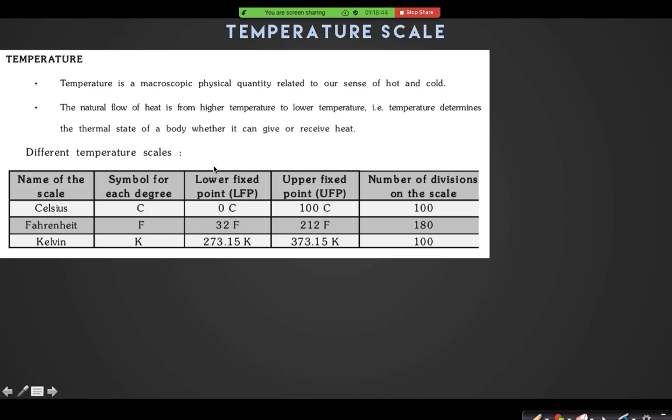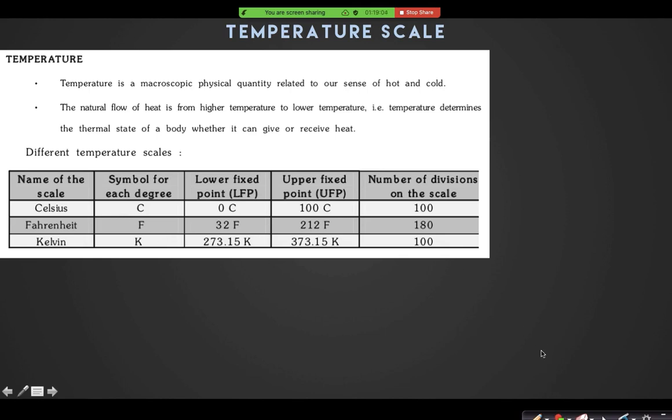Now in order to measure the temperature, there are different scales formed. So three major scales are there: Celsius, Fahrenheit and Kelvin scale, right? So how do we actually make these temperature scales?